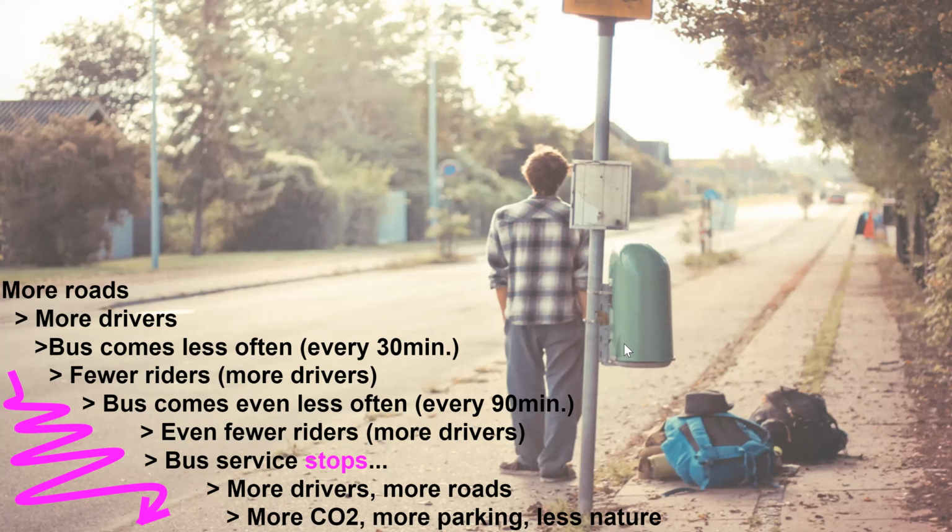And then there's more drivers, more roads, more CO2, more parking, less nature. Okay, this is happening all over the world, especially in Japan. The more roads they build, eventually this starts the cycle and there'll be fewer and fewer transportation options for people who can't drive or who don't want to drive.